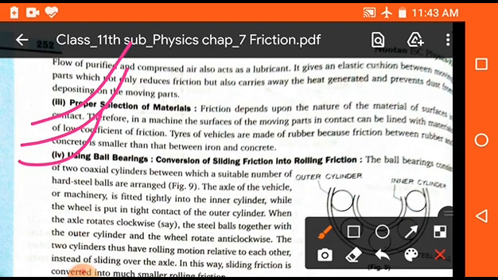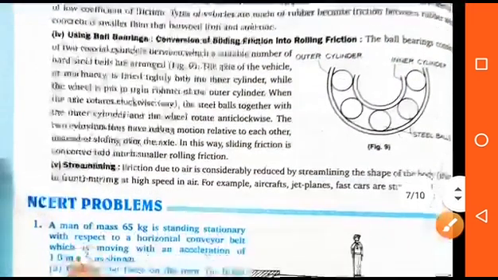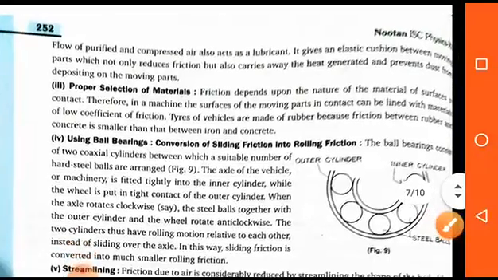When the axle rotates clockwise, the steel balls together with the outer cylinder and the wheel rotate anti-clockwise. That means the frictional force decreases continuously and we can easily move the car. Clear? We can also easily drive any machine which has a ball bearing. So these are the methods by which we can reduce the frictional force.